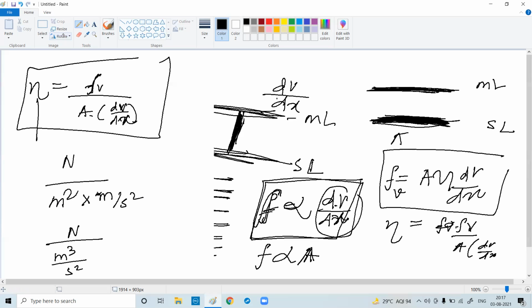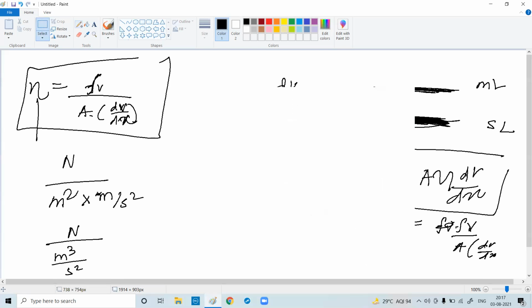No. Sorry, I made a mistake. Hey guys, come on, you should tell me if I made a mistake. This is meter square. This is velocity, so velocity will be meter per second, and you again have distance, which is meter. So meter cancels. It will be Newton meter square second per second, so per second will go up.